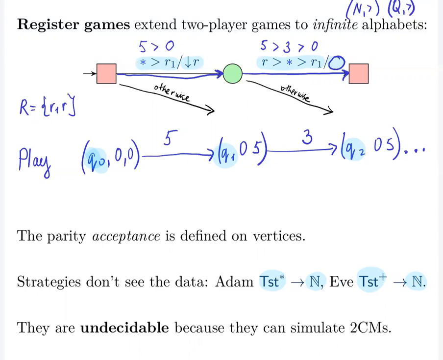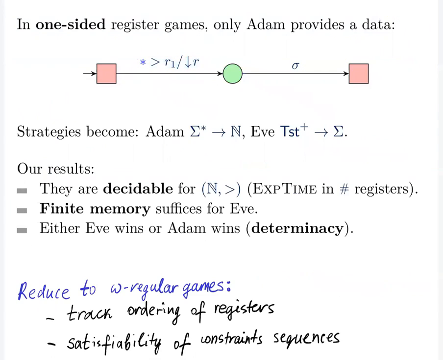For example, the example that I showed you above actually simulates the increment of the counter. Adam tries to provide data, the next value of the counter here, and then Eve checks whether the counter is correctly incremented or not.